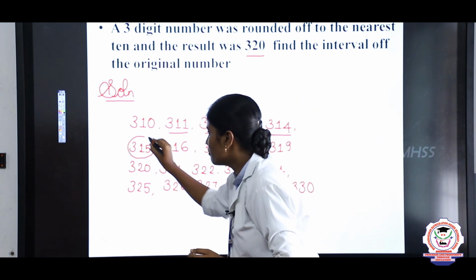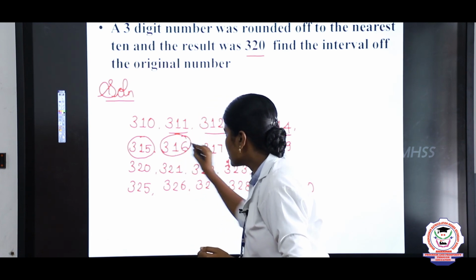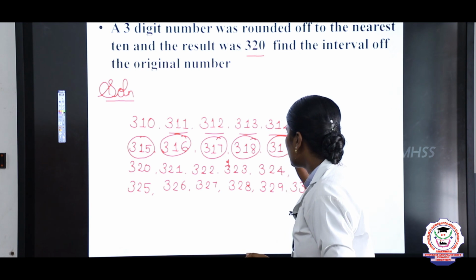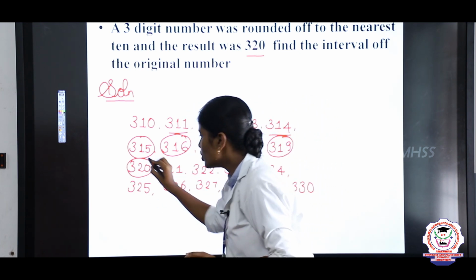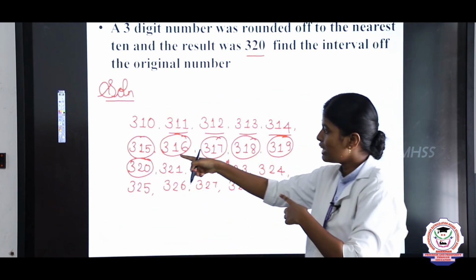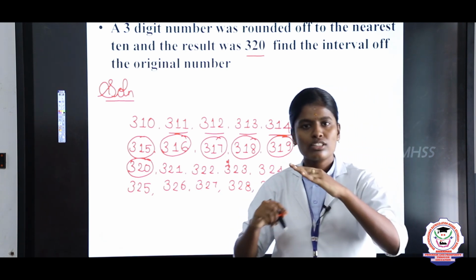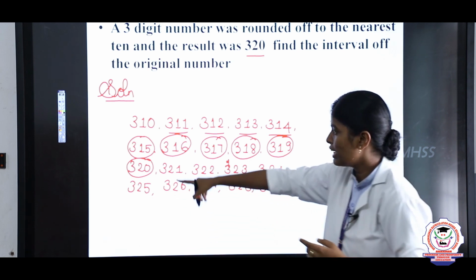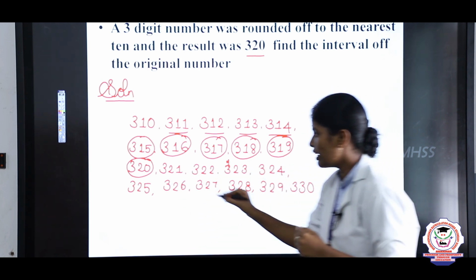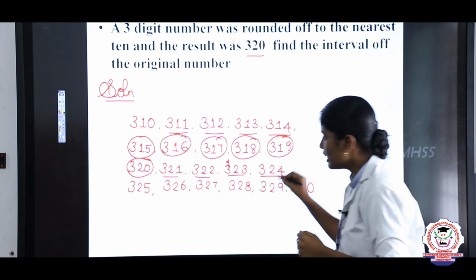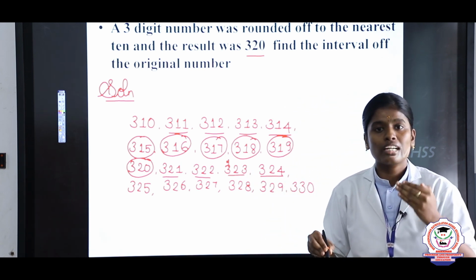Finally you will take 315, 316, 317, 318, 319. These are all nearest to 320. Next you will take 321, 322, 323, 324.